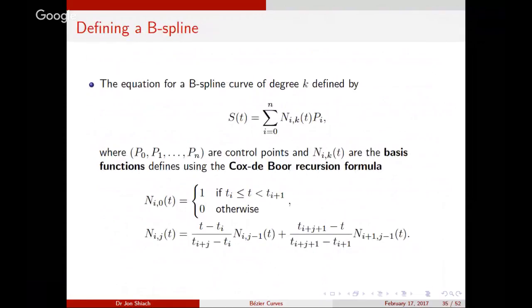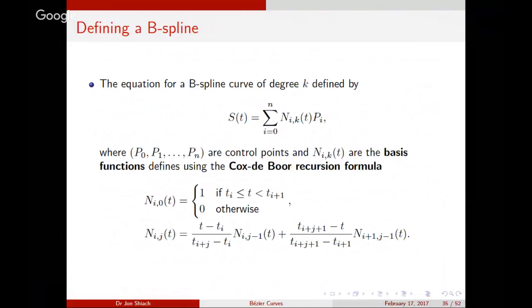Okay, and this is the equation. It looks very similar to the Bezier one. I've called it S for spline, and it's a sum from 0 to n. Remember, n is the last control point and 0 is the first. The Pi are your control points, and we have this N_i,k function here.